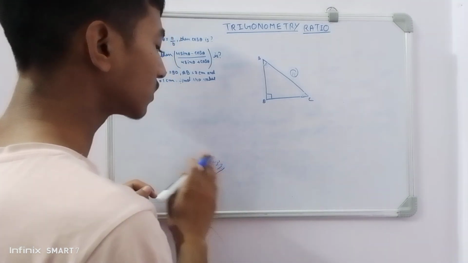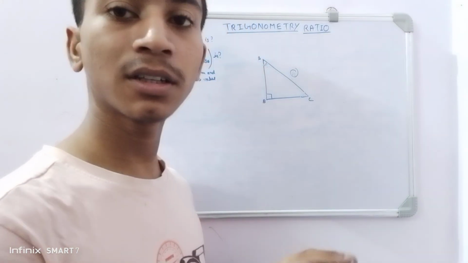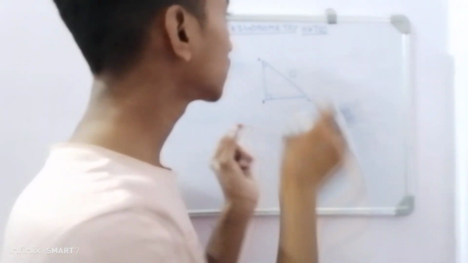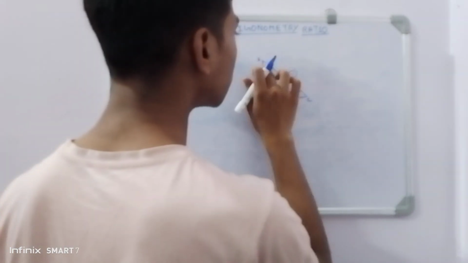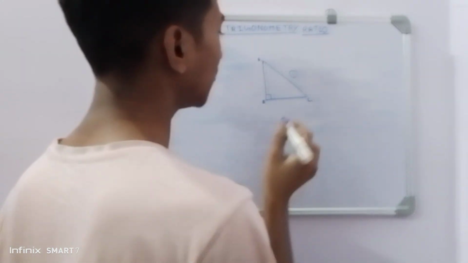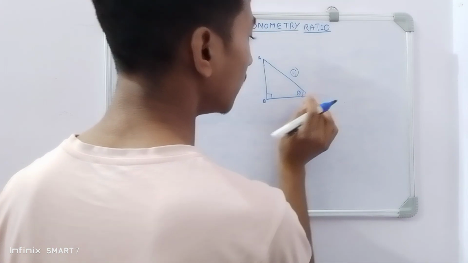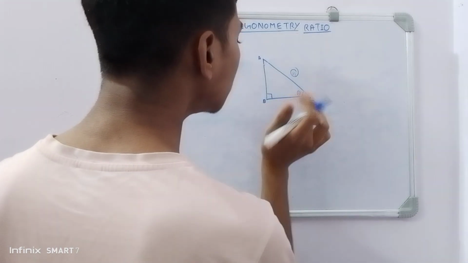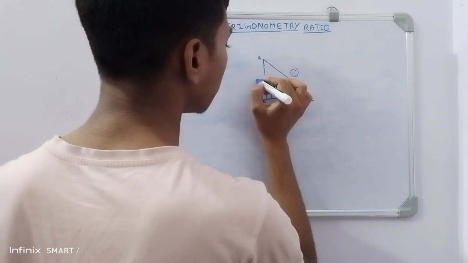Now how do we relate this with trigonometry, which seems to be a very vast topic? So let's suppose we talk relative to this angle named theta. For this theta, we have this one as the base and this one as the perpendicular.